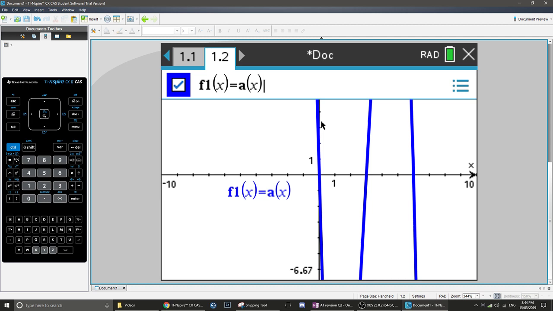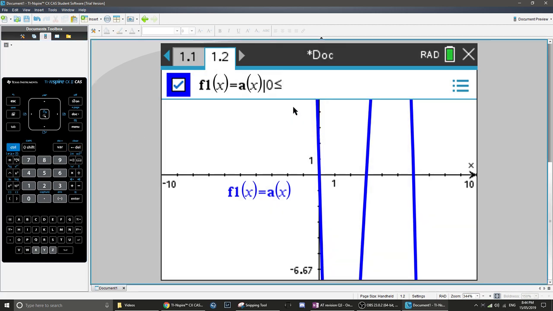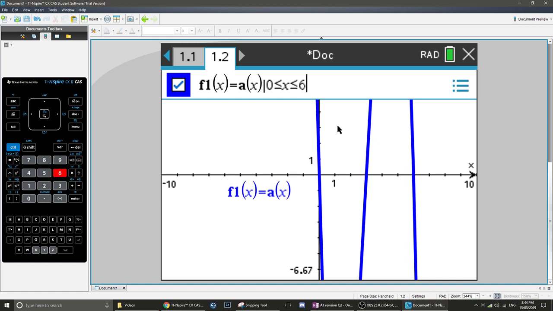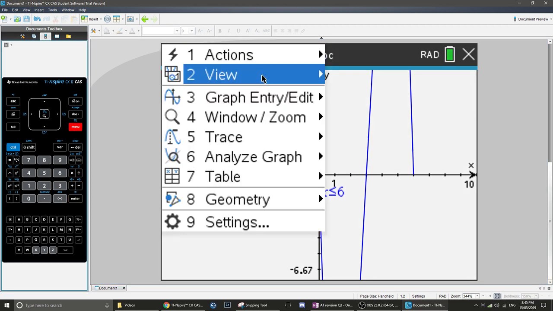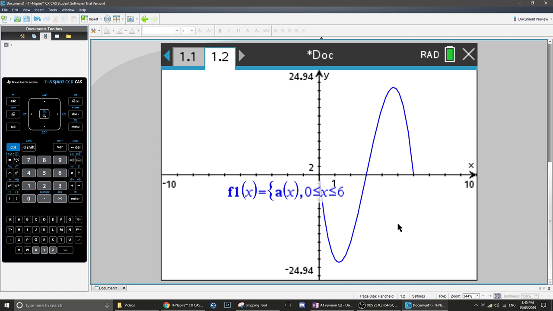We know it's likely going to be, just to be completely inclusive, 6. There we go. That's restricted it. That's much better. Let's zoom it.